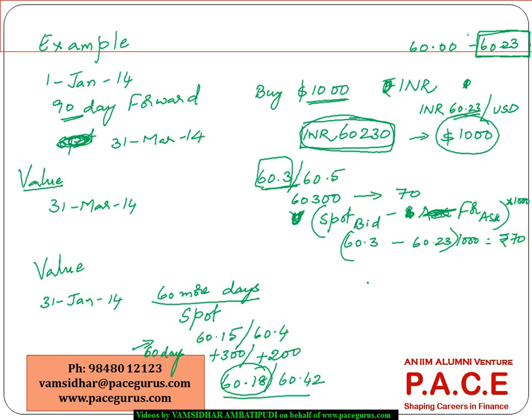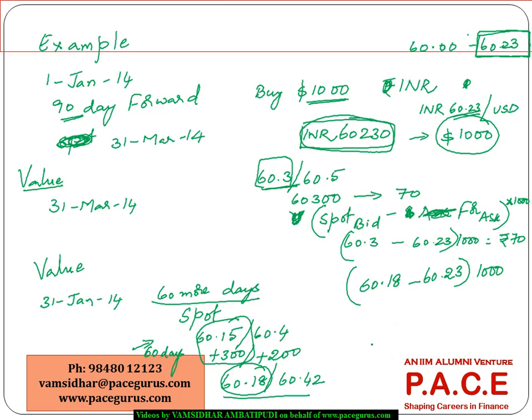So at that point, as on 31st Jan, if I want to know what is my value, I'll take 60.18, which is coming out based on the spot on that day and a 60-day forward, minus whatever is my contracted rate, multiplied by the size of the base currency. This is the profit or loss that is going to come on 31st March 2014.